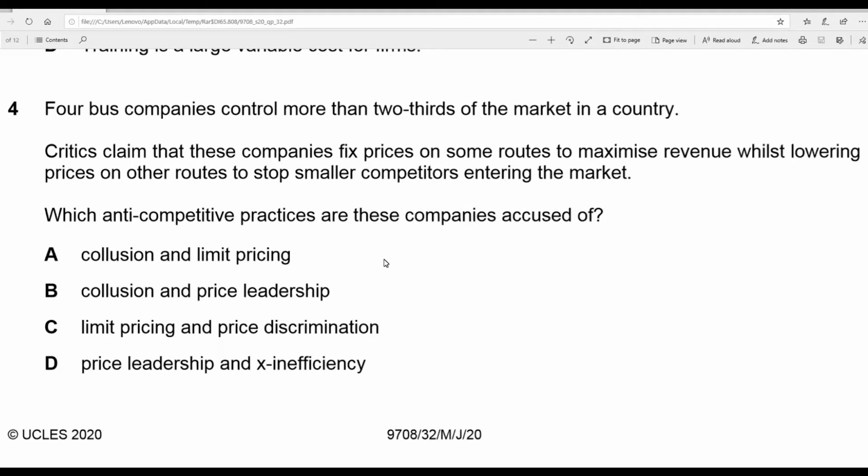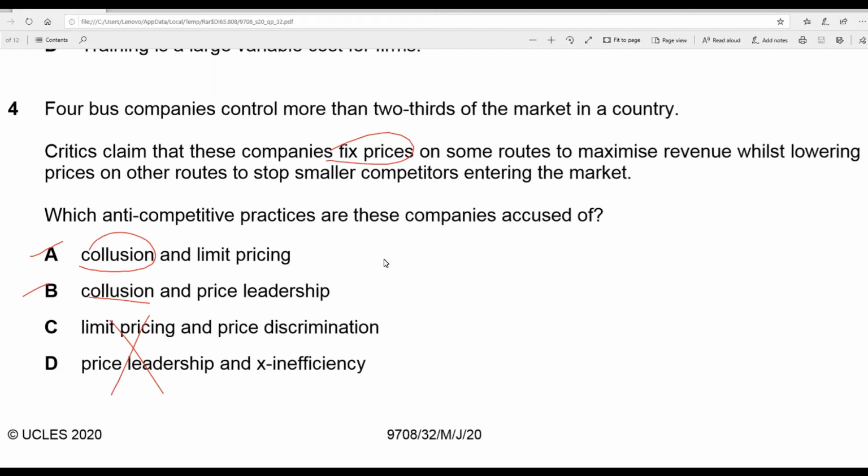One thing is very clear: when they are fixing something, it means they are in collusion. So we can choose option A or B, and we can cross out options C and D. They are involved in collusion. Collusion means when they are making common decisions and fixing output or prices.